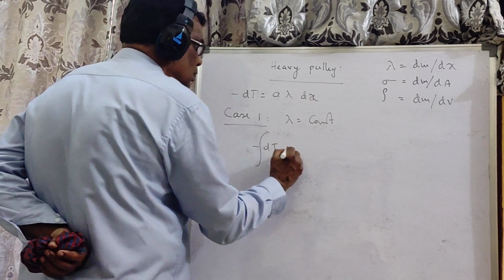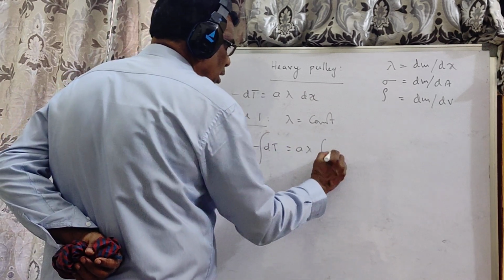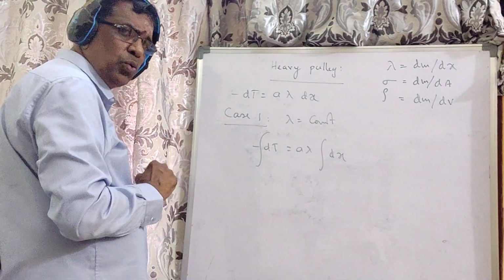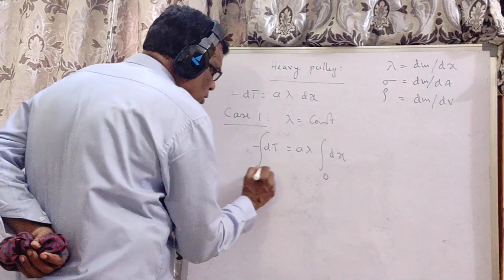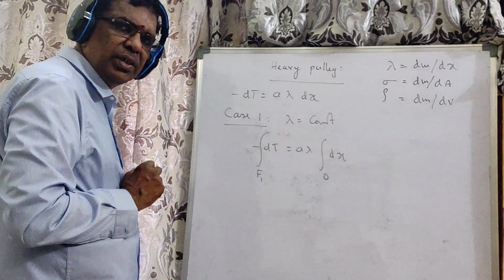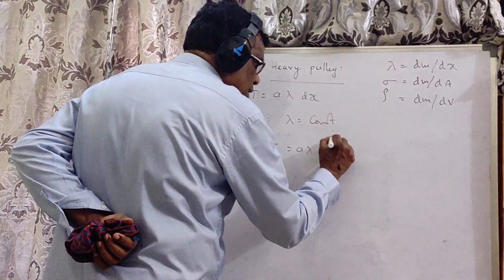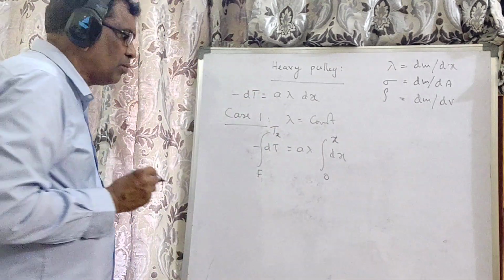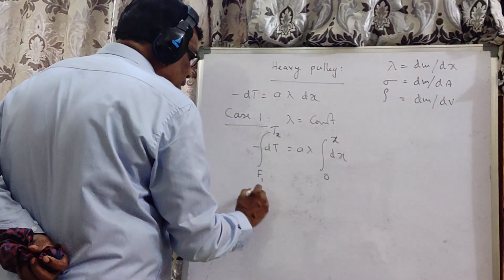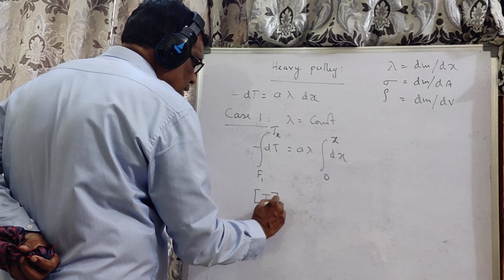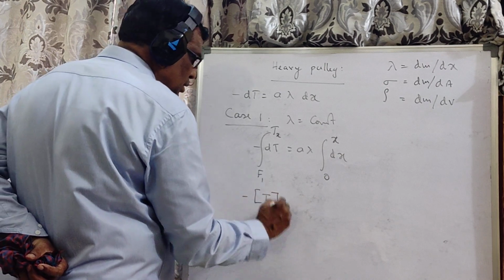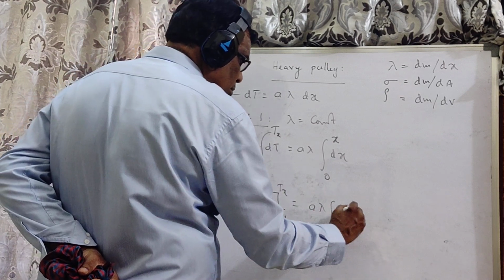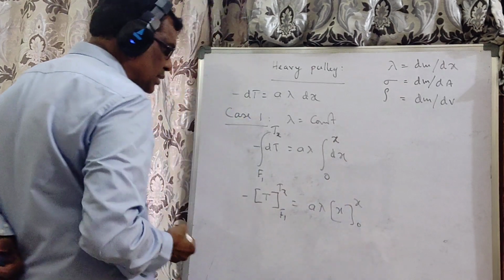Minus integral dT is equal to a lambda integral dx. From where to where? x equal to 0 corresponds to tension F1. Any general x corresponds to Tx. Therefore, how do I write this? Integral dT is T. This is F1 to Tx and this is a lambda 0 to x.